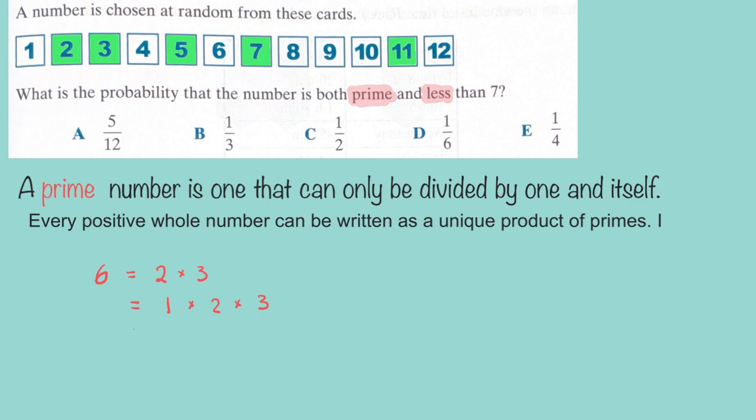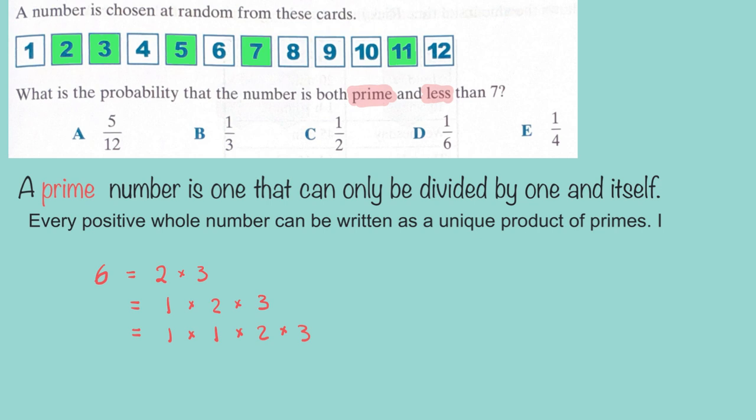Well, actually, it also could be a product of 1 times 1 times 2 times 3. Now, that no longer fits into this theorem of arithmetic, because it says that every positive whole number can be written as a unique product of primes. And these are not unique anymore. So 1 has been discarded, 1 is no longer a prime.